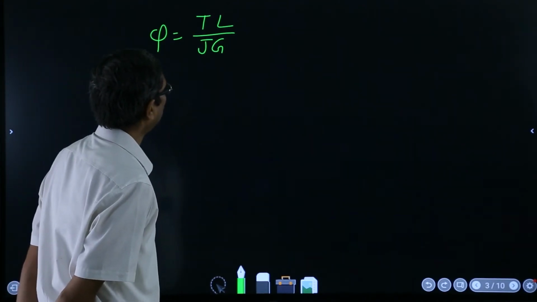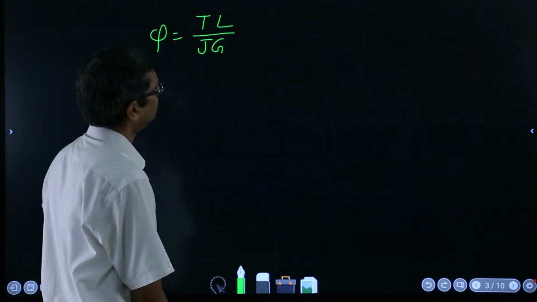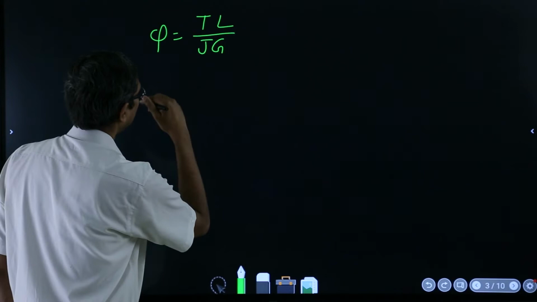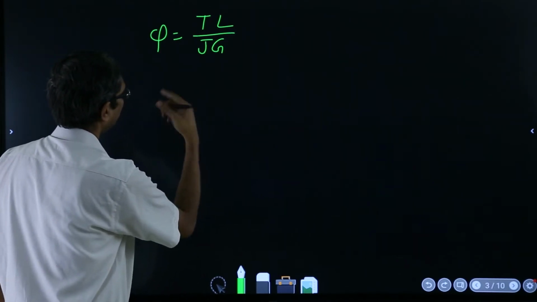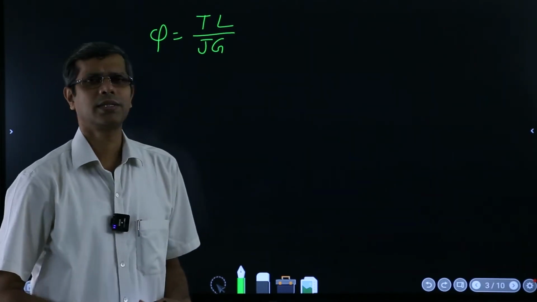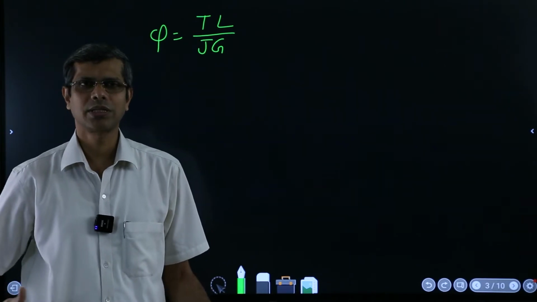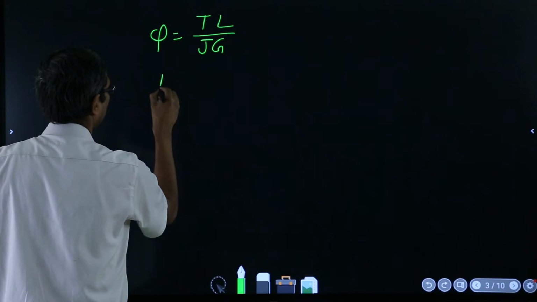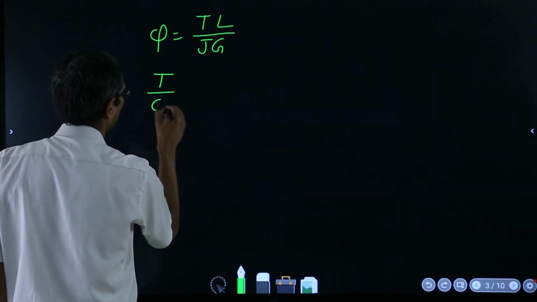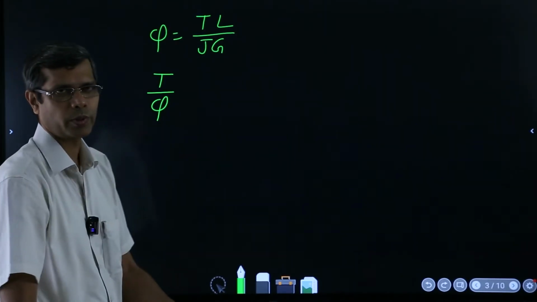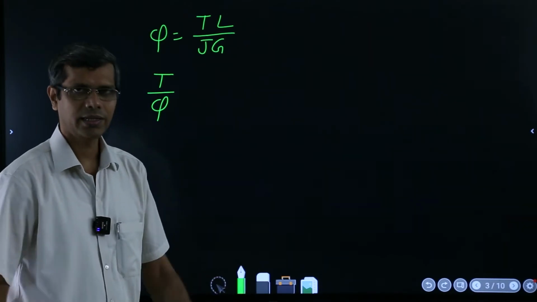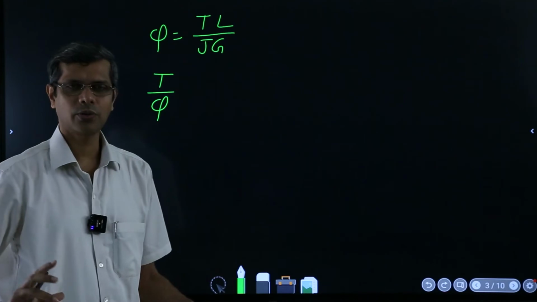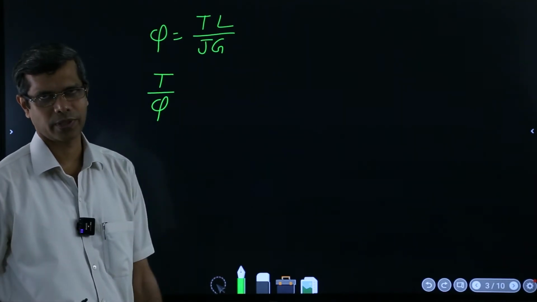Now, one point I want to make: you can consider this shaft as a torsional spring also. If you think of T over phi like a force per unit displacement, like a linear spring has force per unit displacement, for a torsional spring you have torque per unit angular displacement, right?